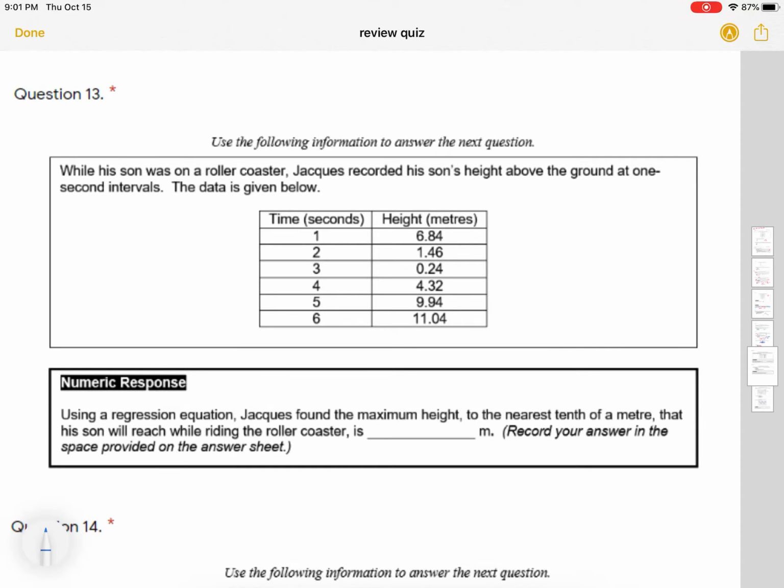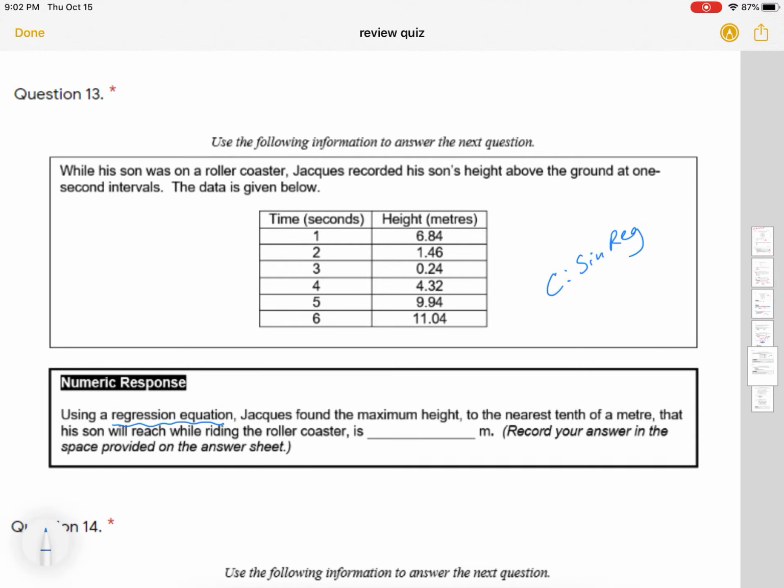Question 13. While his son was on a roller coaster, Jacques recorded his son's height above the ground at 1 second intervals. The data is given below. Using a regression equation, so you know what you have to do, you've got to use a regression equation. And you're going to use sine reg, right?